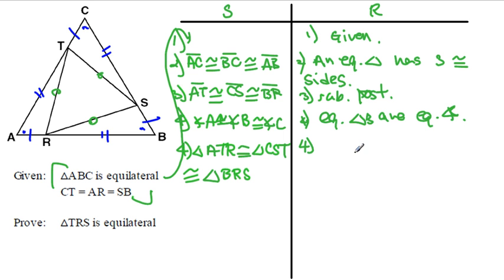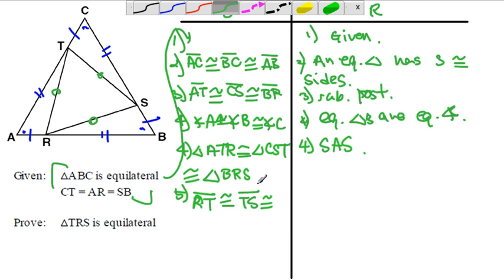Now, the reasoning, all because of angle, side, angle. That leads us to say line segment RT must be congruent to TS, which is also congruent to SR. Oh, actually SR, because we already talked about RT.